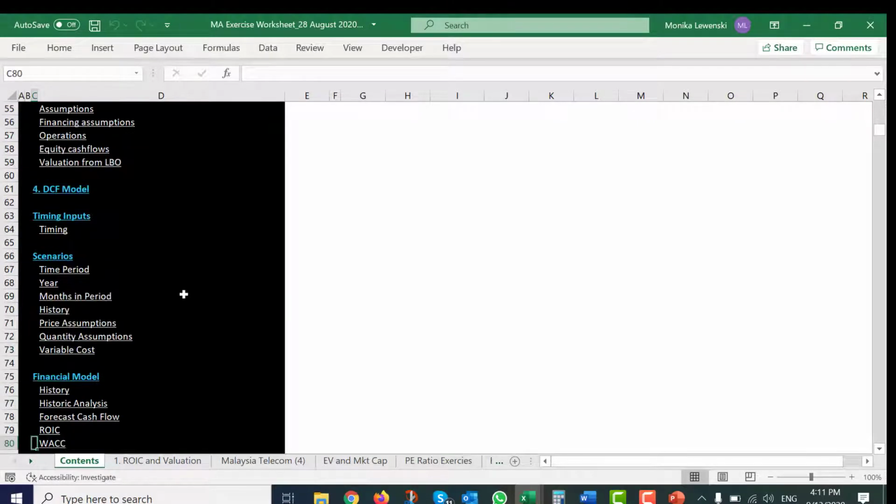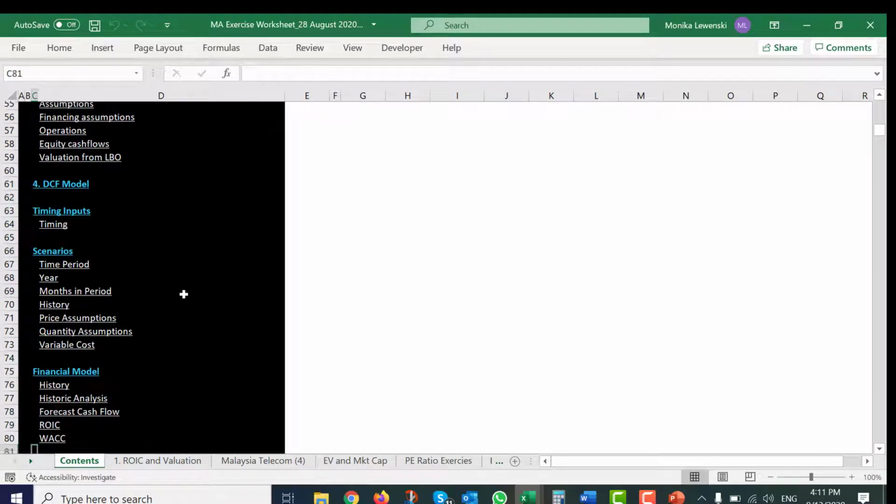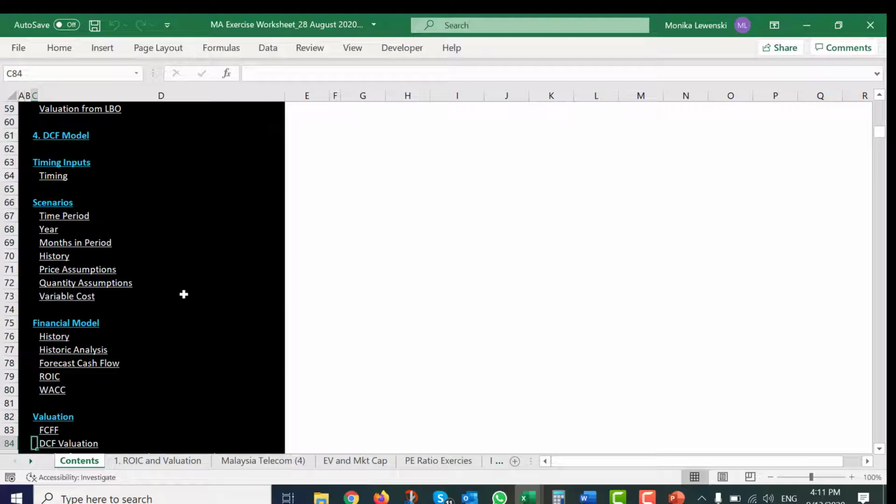And then we'll go to a DCF model. And when we go to the DCF model, for once, I'm not going to take you through the modeling too much, a little tiny bit.